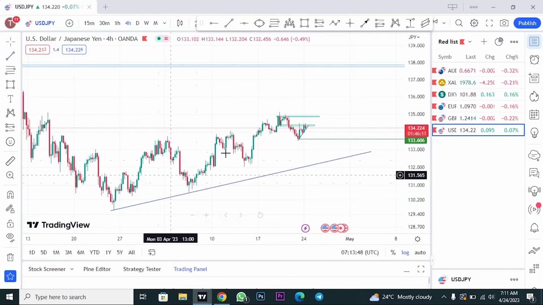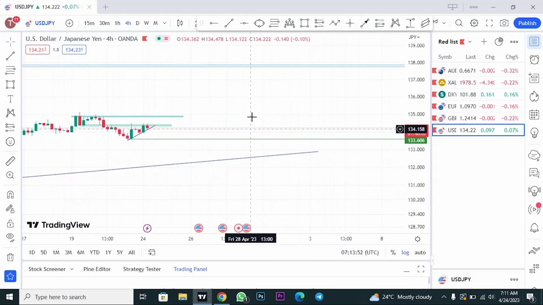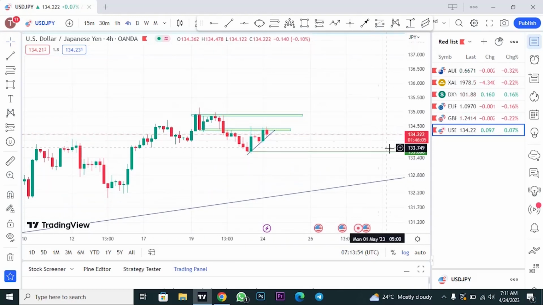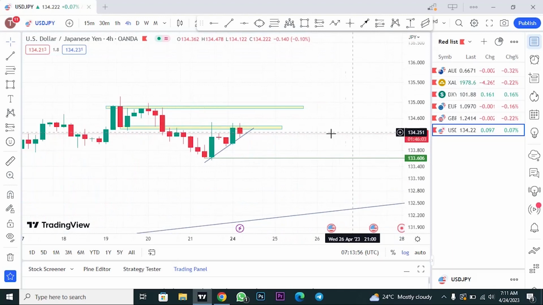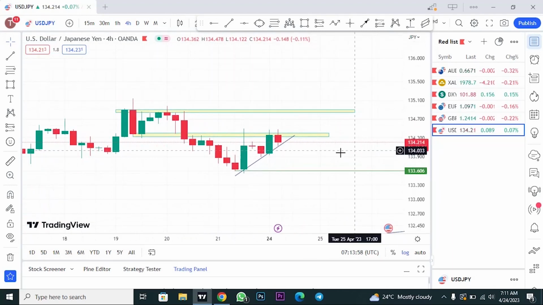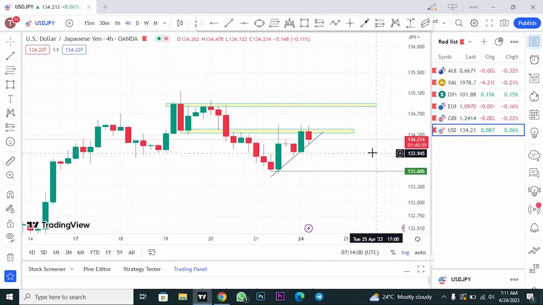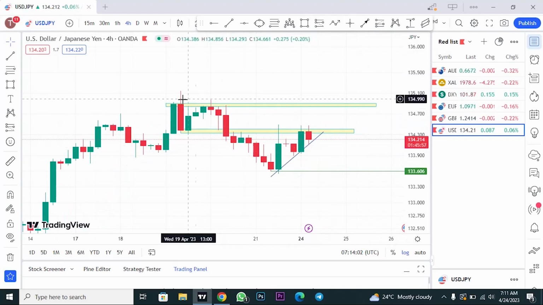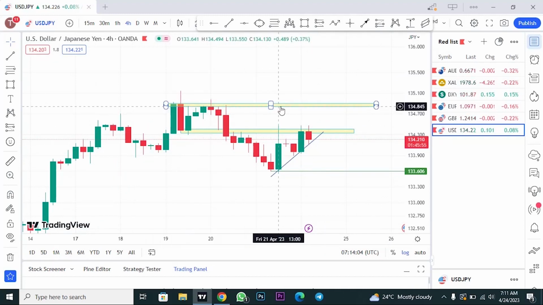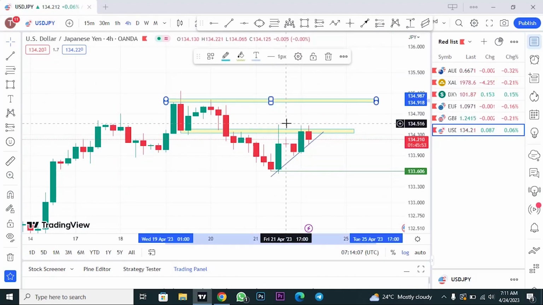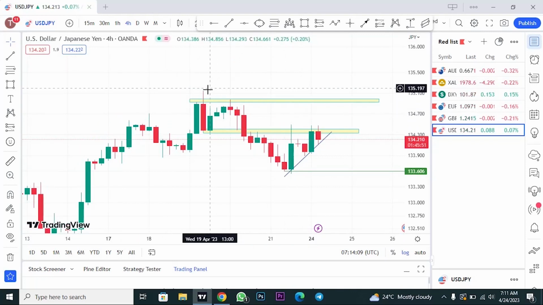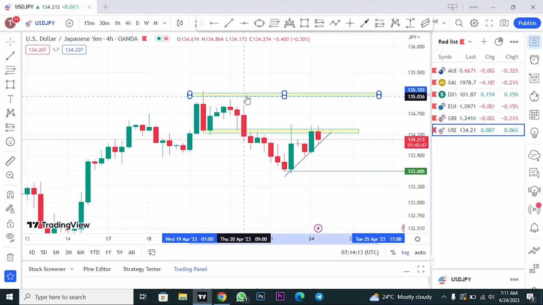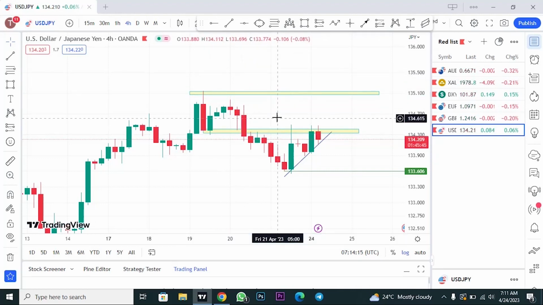You can see price has been moving bullish for a while now, but the anticipation on USDJPY, I'm just looking for a sell on USDJPY. So you can see we had a support, a resistance right here on the 4-hour time frame. This is where price moved and then ended up pushing all the way to the downside.